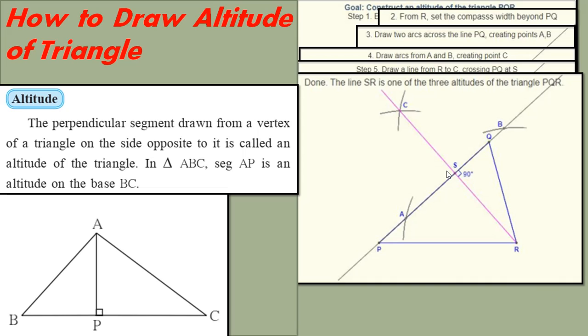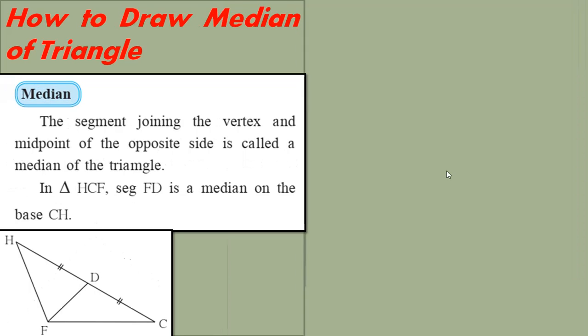Now another most important concept in geometry is the median. Median is nothing but the segment joining the vertex and the midpoint of the opposite side. It's called the median of the triangle. So here in triangle SCF, segment FD is the median on the base CH.